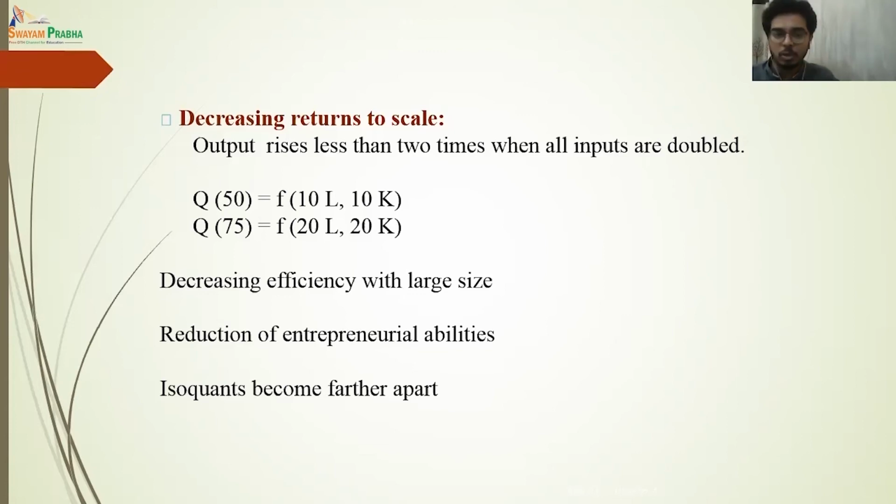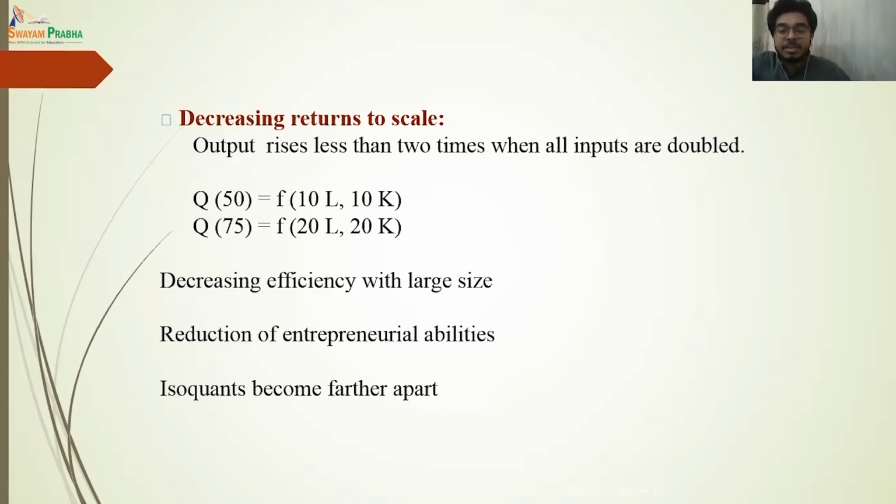Yes, so there can be several reasons again. It can be decreasing efficiency with large size. I told you that too many cooks spoil the food. There can be a small industry or a large industry where I have taken labor beyond what is really needed, or beyond what is optimal. Then I will observe whether there is decreasing return or not, that is, whether any additional labor or capital is actually decreasing the production.